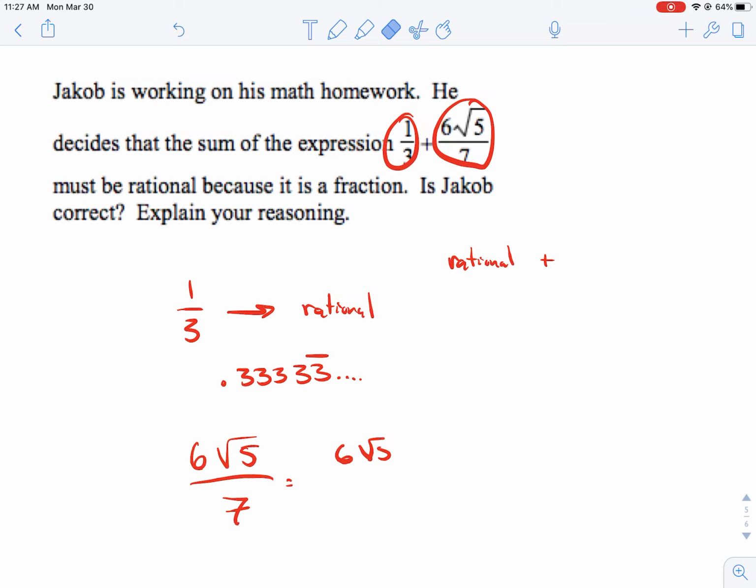If I were to split this up, all I did was separate those two fractions. I separated the denominator and brought it out to the right. Now we have 6 square root 5 over 1 times 1 over 7. I didn't change the value of anything.